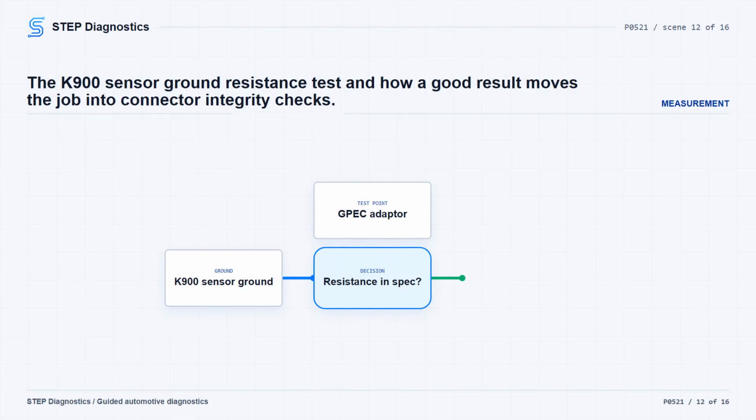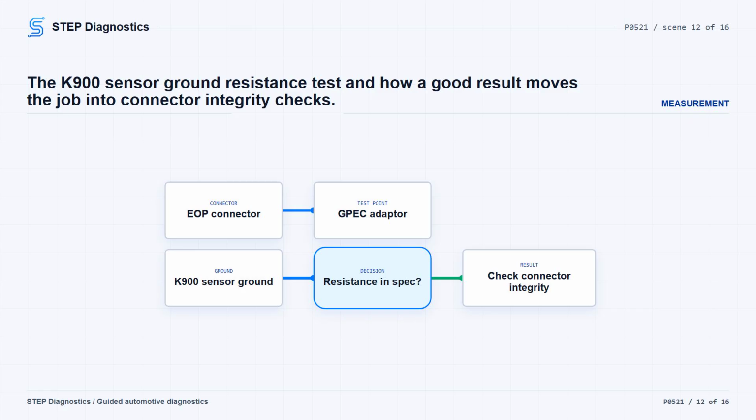Next, measure resistance in the K900 sensor ground circuit from the EOP sensor harness connector to the GPEC adapter. The resistance should be below 3.0 ohms. If it is not below 3.0 ohms, repair the K900 sensor ground circuit for an open or high resistance, then verify the repair and confirm the code stays gone. If it is below 3.0 ohms, the main circuit resistance checks have passed, so move to connector and harness integrity.